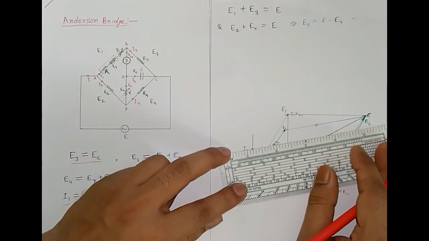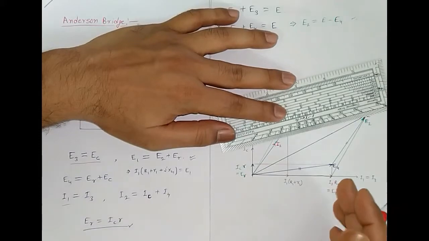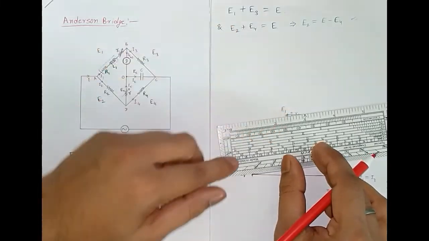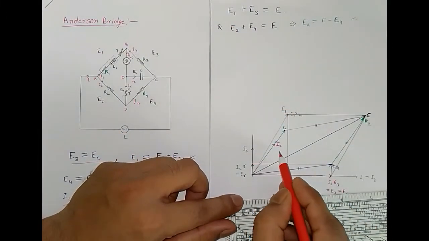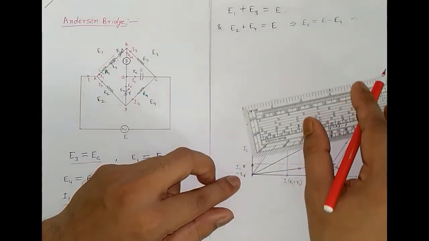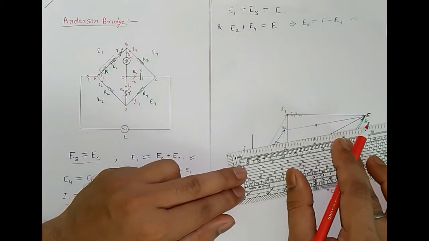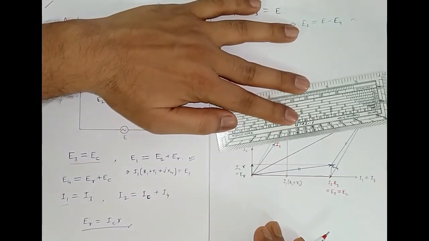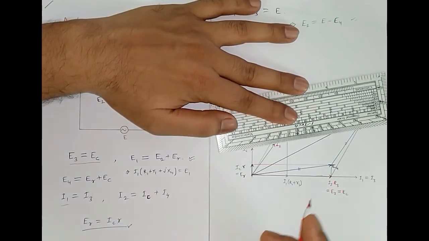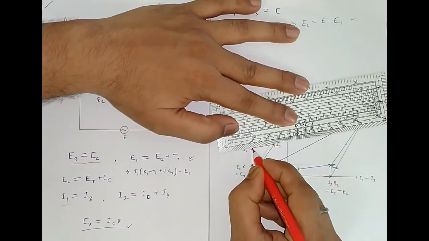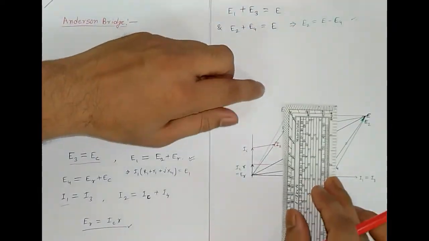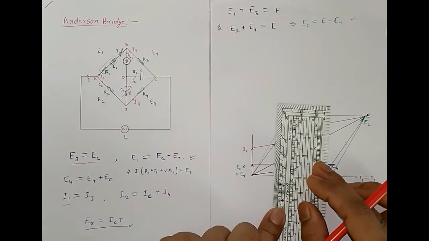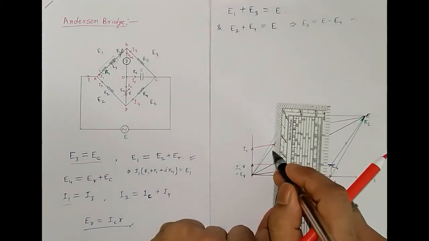We have to draw a parallel line to this one, and the resultant of this, that means the one parallel line to this one, the black colored.